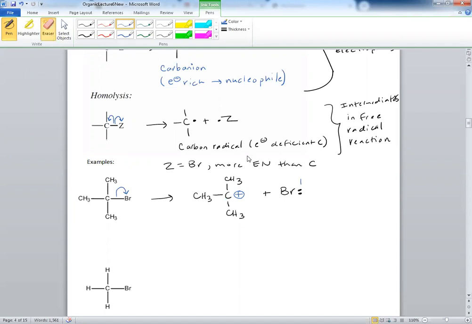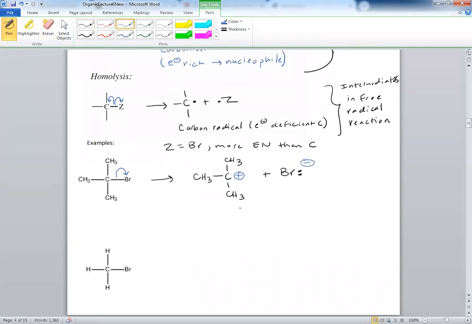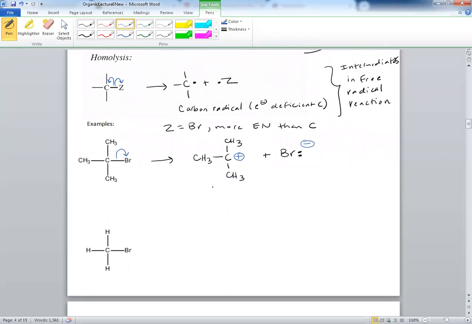And of course, bromine right here has a negative charge. Very well. So this is a carbocation, and this would be a tert-butyl carbocation because we have a tert-butyl group, if you can see it.